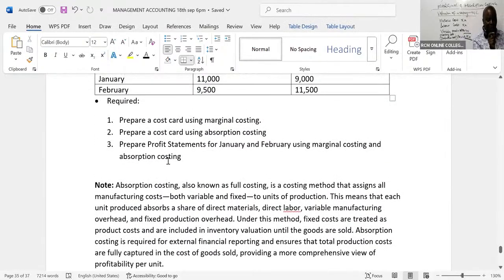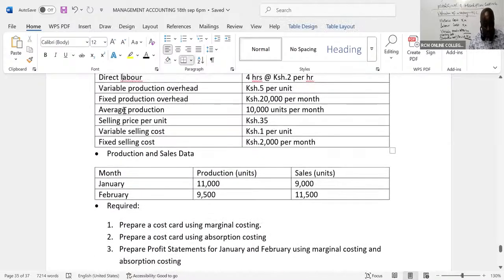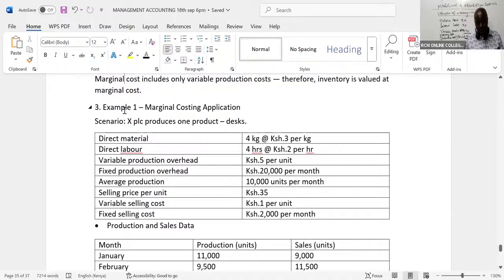You know, there will always be two types of page numbers. In the middle there you will see a question to do with the marginal costing application scenario. XPLC produces one product known as desks.